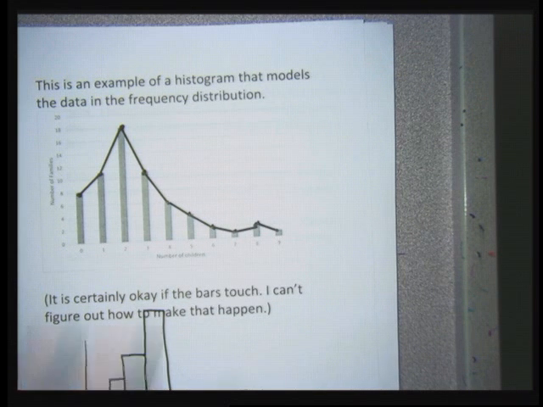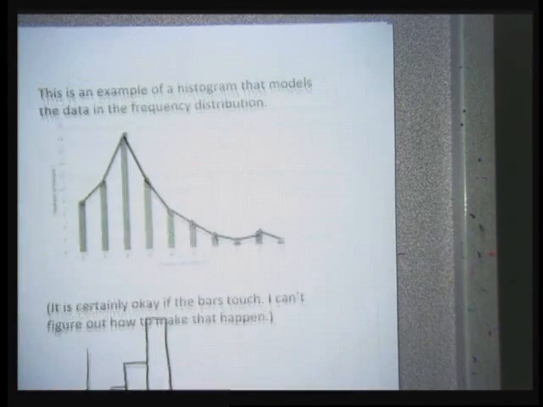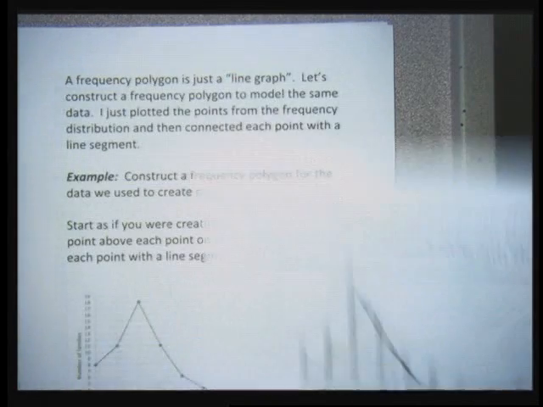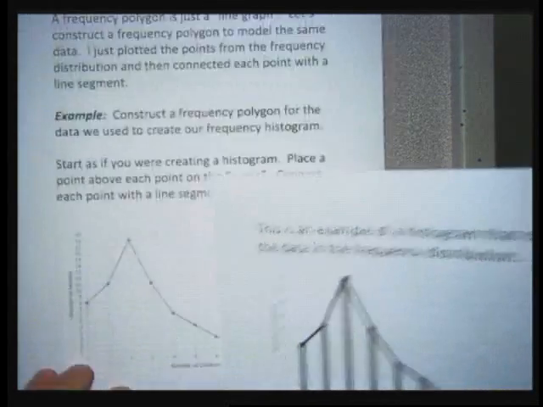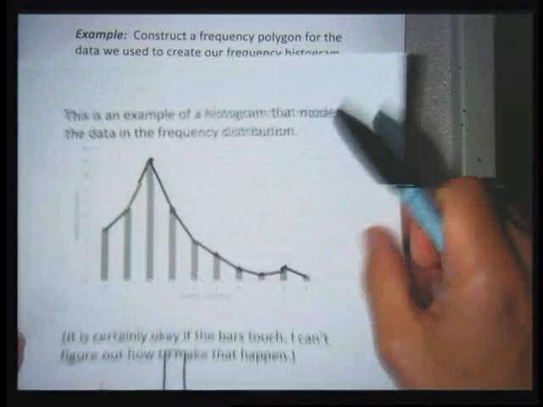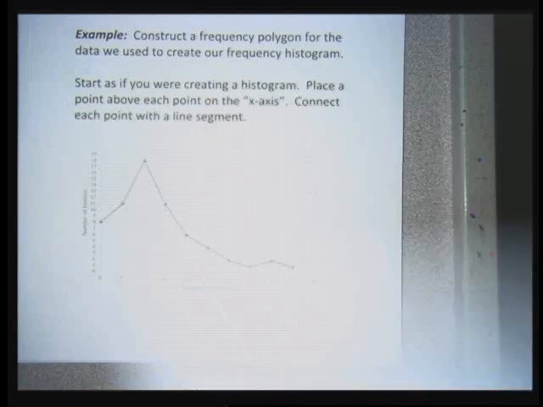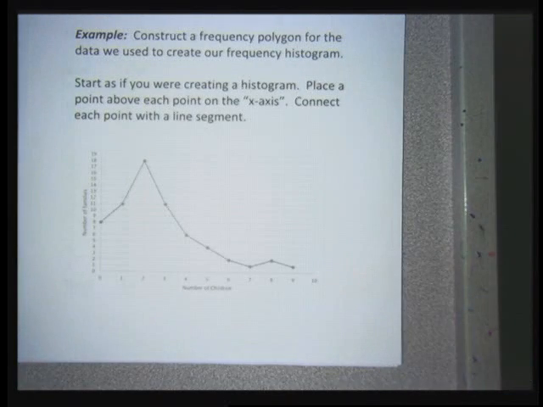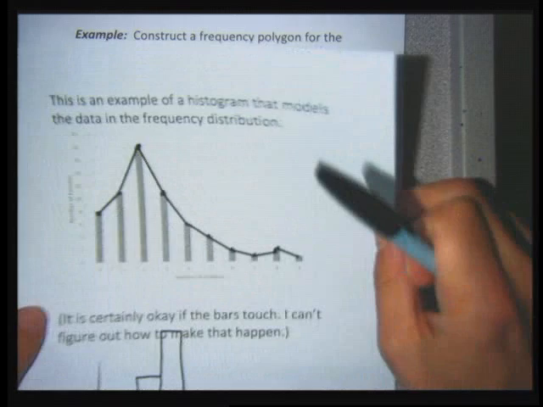You can do a separate histogram and a separate polygon, and you'll notice that the histogram that I just drew, if you look at this, they look essentially the same. They're exactly the same, other than Excel does a heck of a lot nicer drawing than I do. So it's completely okay to just sandwich them on one graph.